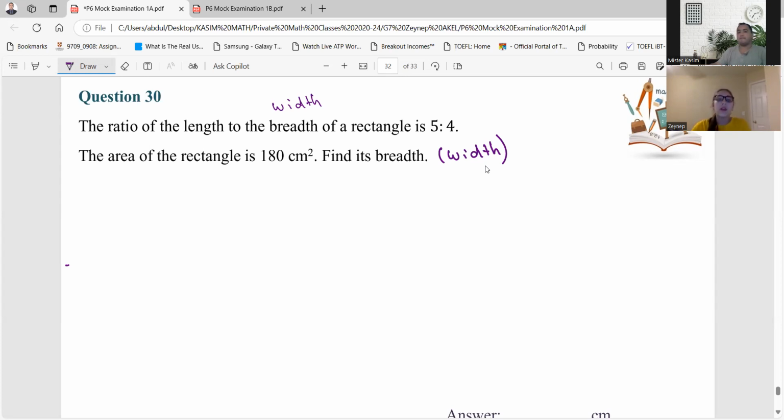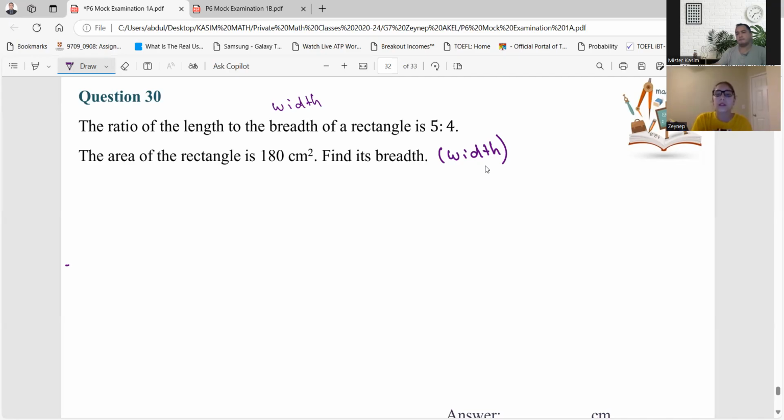Did you get it? So it's saying the whole area of the rectangle is 180 centimeters squared. And it's saying the length to the width is 5:4. And then it's saying find the width. Yeah, but don't we already know what the width is?